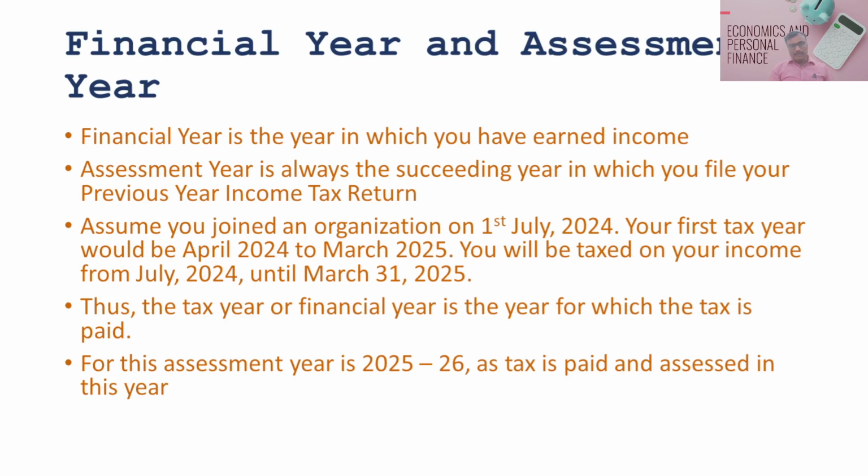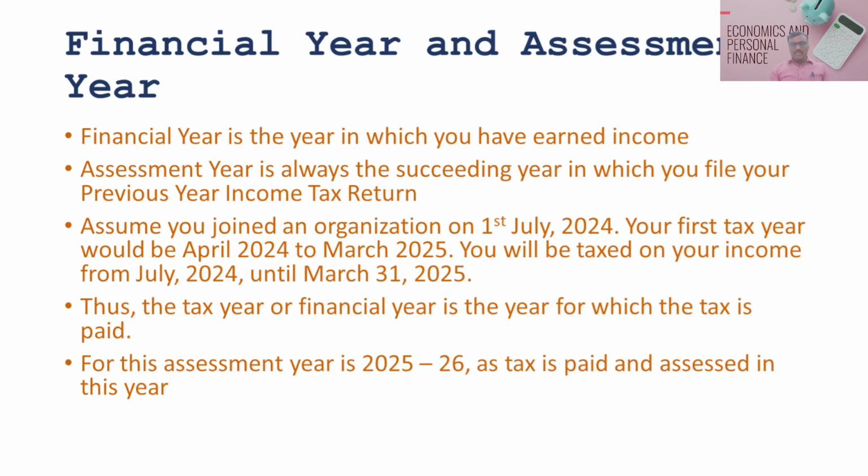Let's take an example. Imagine you started working at a company on 1st of August 24. Your first tax year would be the financial year from April 24 to March 25. During this period, you would be taxed based on the income you earn from August 24, because you started earning from August 24 to March 31st, 25.